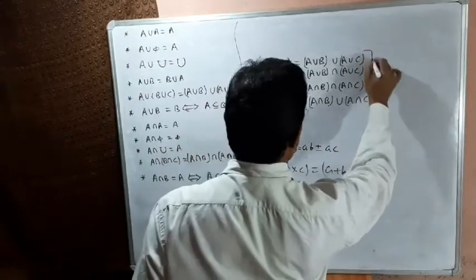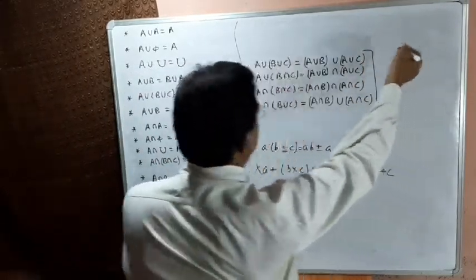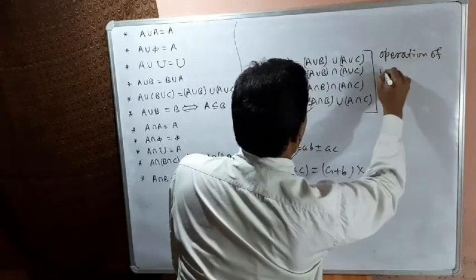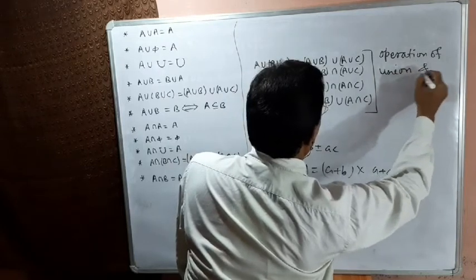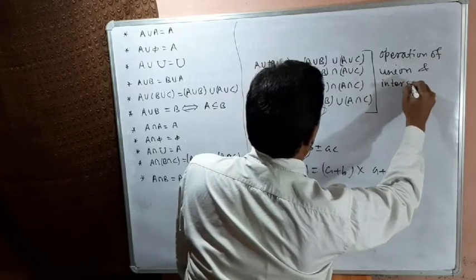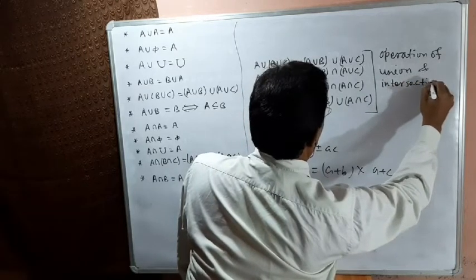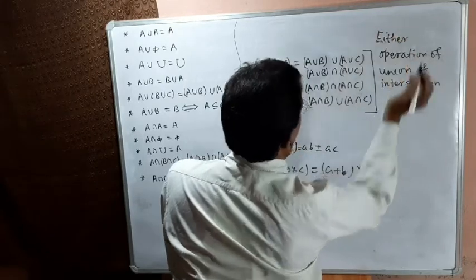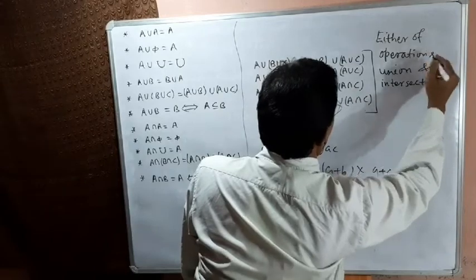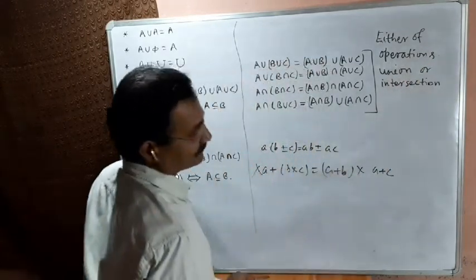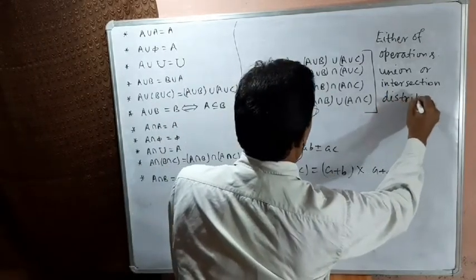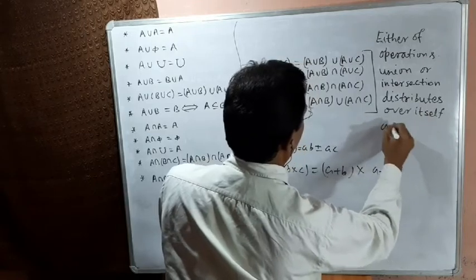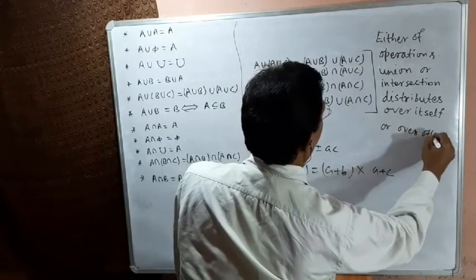All the four I have written at the same place only to notice that we can say operation of union and intersection, either of operations union or intersection, distributes over itself or over other.